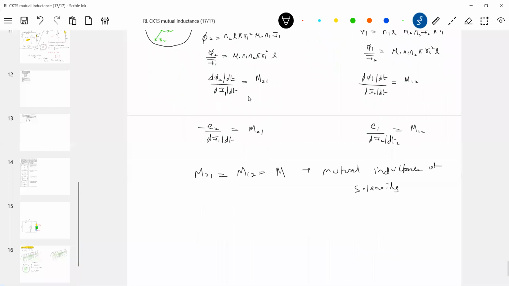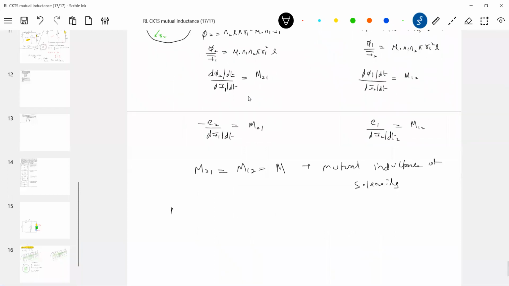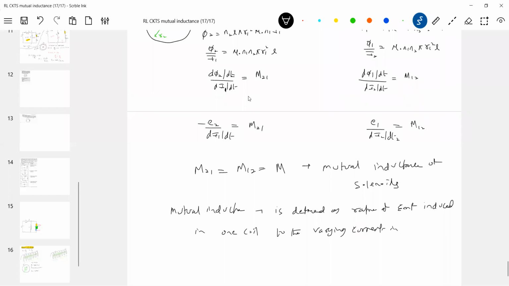So how do you define mutual inductance? It is defined as the ratio of EMF induced in one coil to the varying current in the other coil.